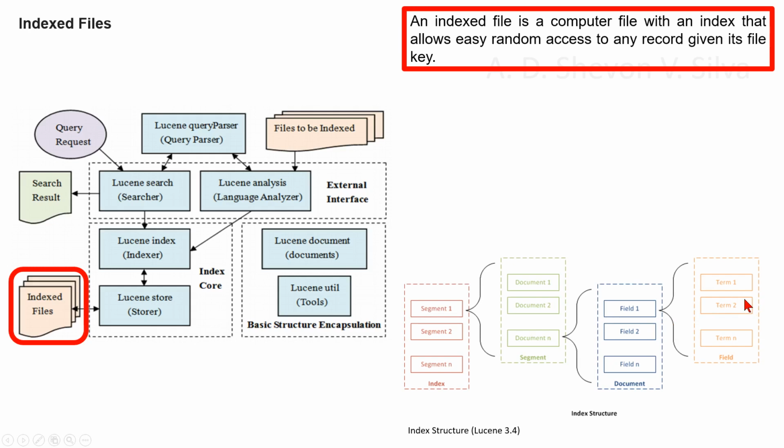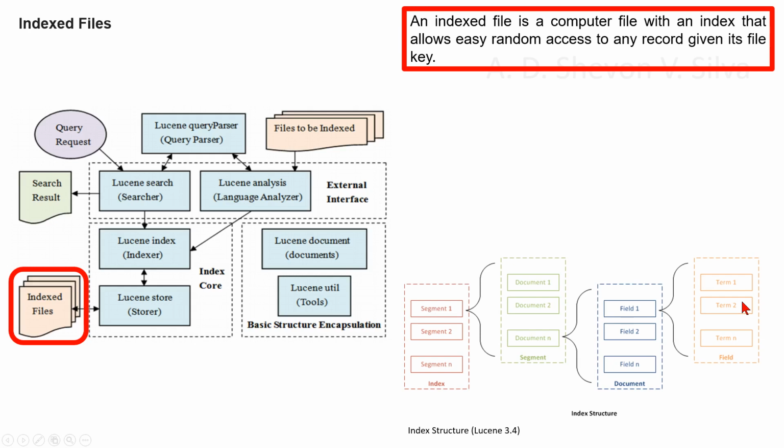A term is basically a string extracted from the document. The same string in two different fields is considered a different term. Terms are represented as a pair of strings, the first naming the field and the second naming the text within the field.